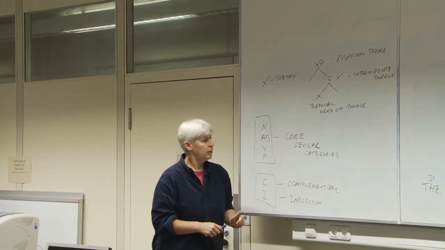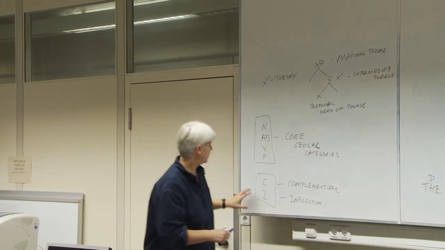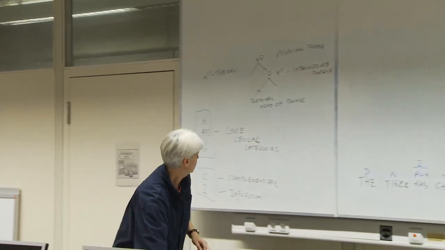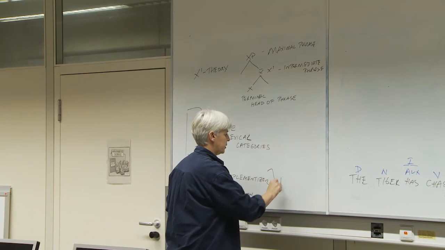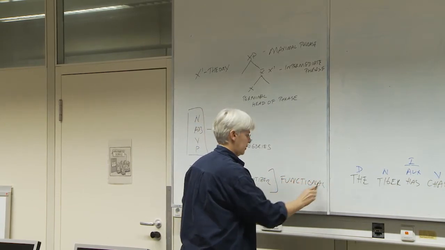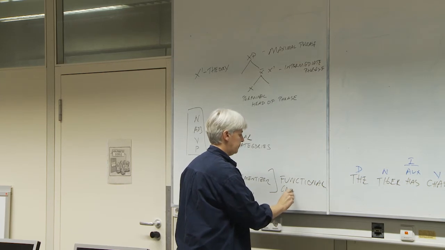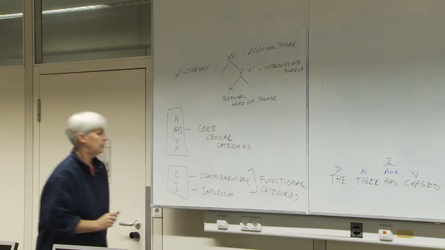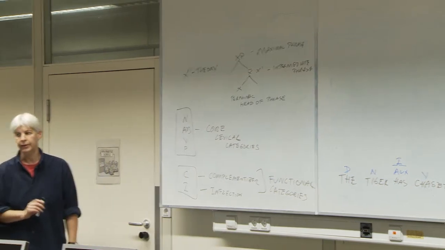Okay. One thing is very clear: LFG is clear that you have to have these two functional categories. These are functional categories. I forgot to write that down. Okay, it's not so sure about others.